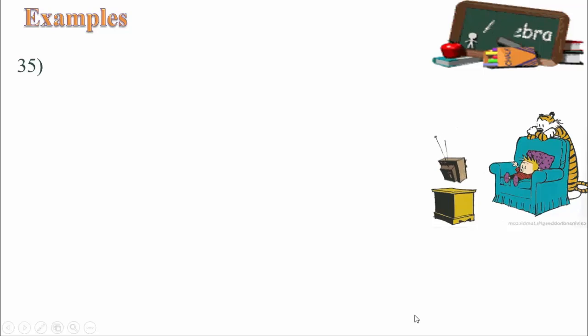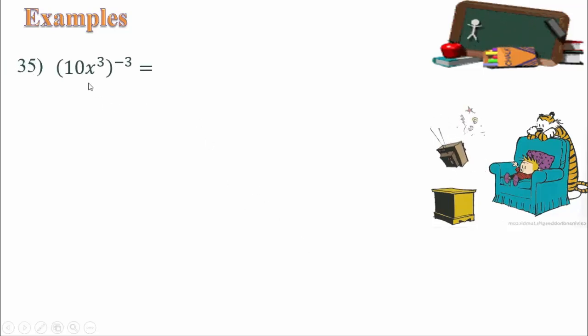In example number 35, we have 10x cubed, and this is to the negative 3rd power. So here again, I'm going to work this out on the whiteboard. In example number 35, I have 10 to the x cubed to the negative 3.